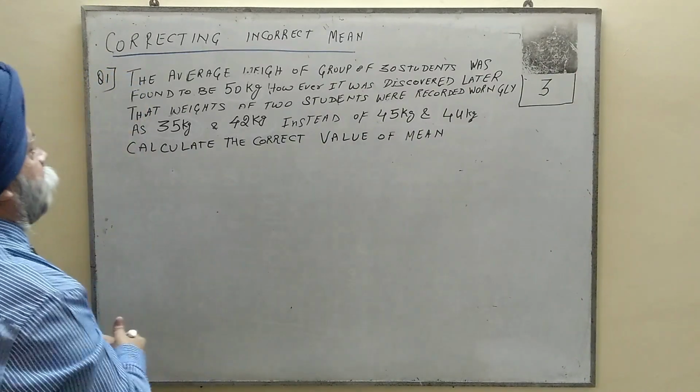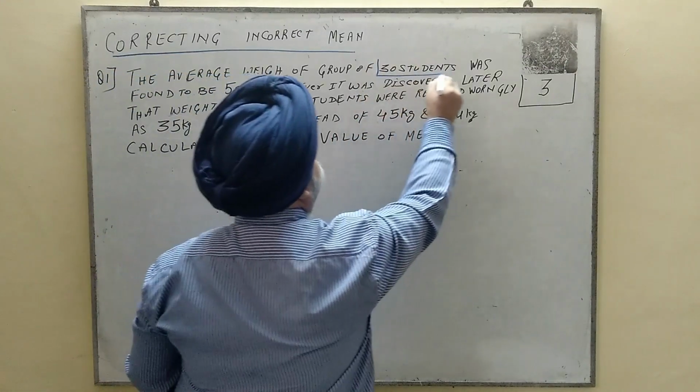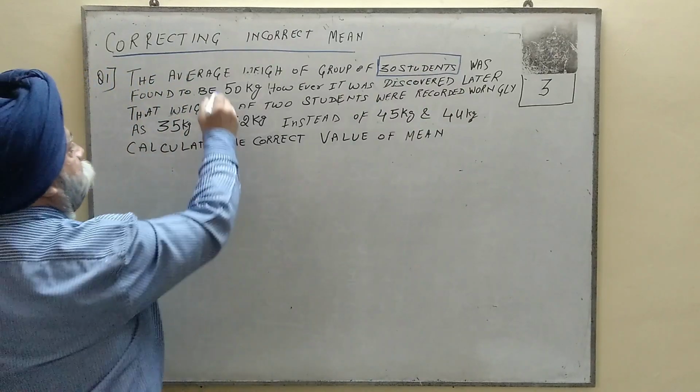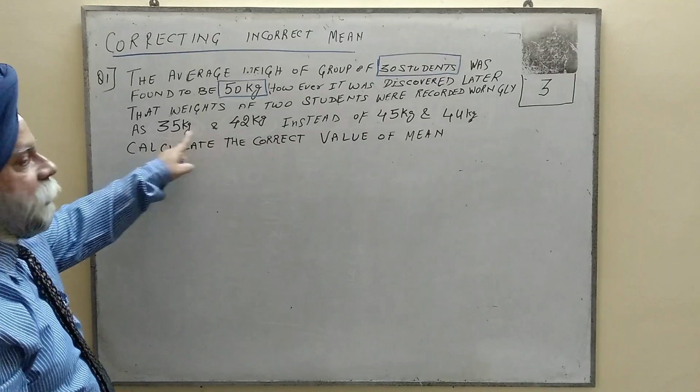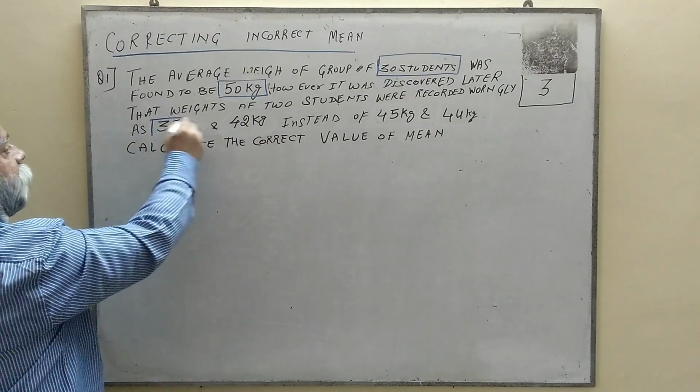Now in this question, what is important is that the number of students is 30, which is fixed, and the mean is 50, which is definitely incorrect because we have taken two entries incorrectly. We have to correct that.